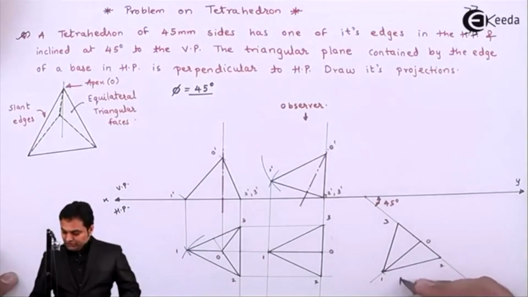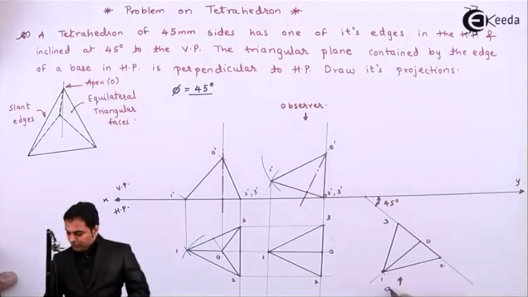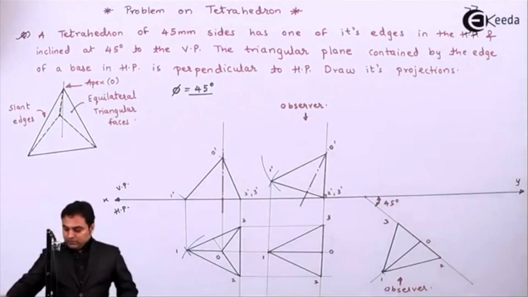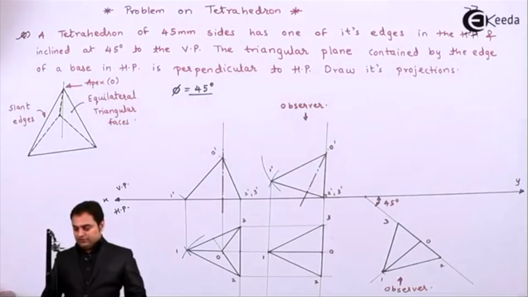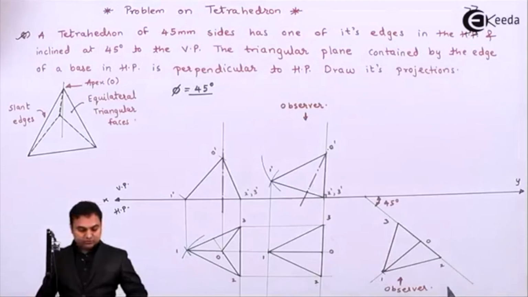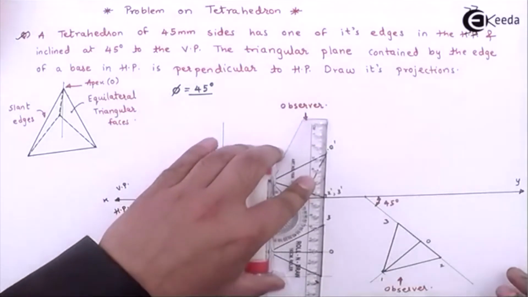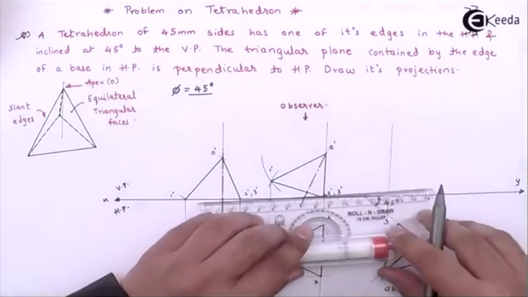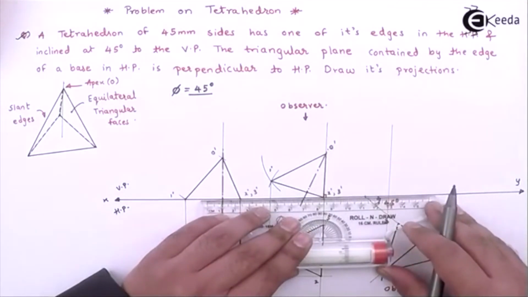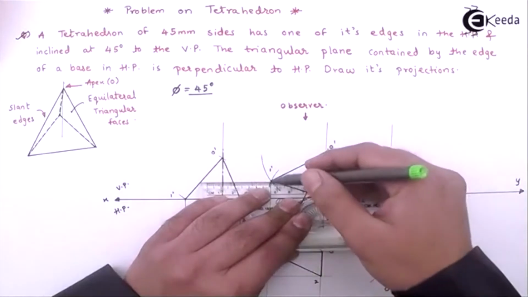Next, I'll project its front view, and for that the observer is in this location. Now those points need to be projected first which are closer to the observer. So if we look from here, point 1 is closer, that will be projected. Point 1 dash from the front view.